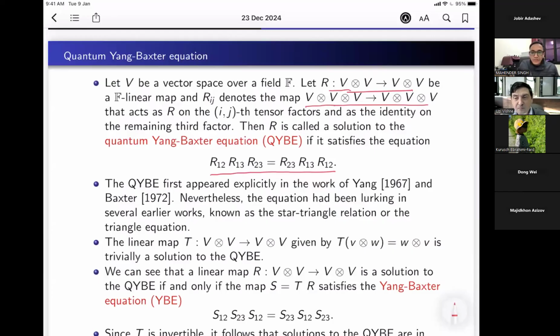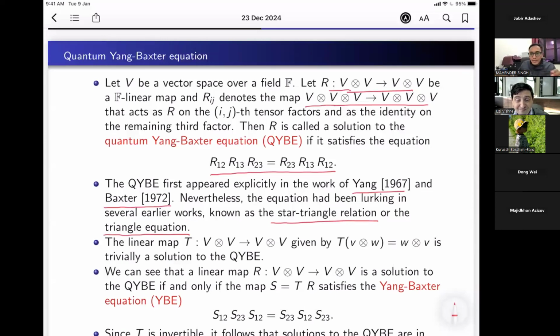This equation first appeared in physics in the work of Yang in 1967 and that of Baxter in 1972. But it is worth noting that this equation had appeared in earlier works in different forms, for example, in the form of the star triangle relation and the triangle equation, and possibly some other forms, and the experts may know better.